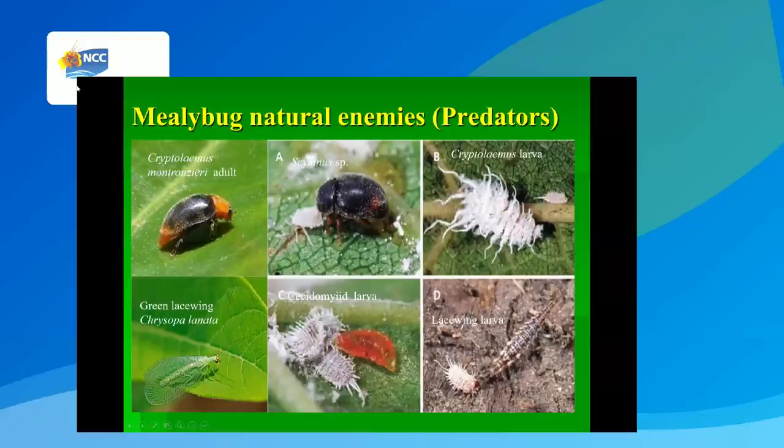You see it there in the middle bottom, that pink looking creature there. It's feeding voraciously on the mealybugs. And the bottom right photo shows the larval stage of the green leaf bug, which is again a very voracious predator and feeds on a lot of them and brings them under good control. Next slide, please.